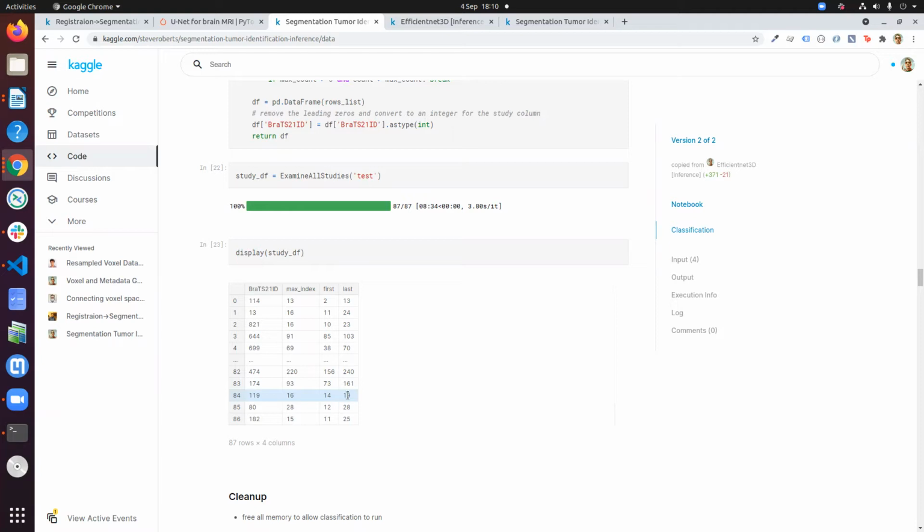The second problem is that the 4 different MRI types are not standardized. It'll tell me the maximum index of the T1W image where the tumor is, but that doesn't correspond to the same slice in the other 3 MRI types.